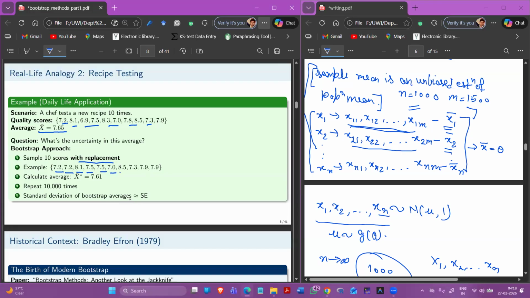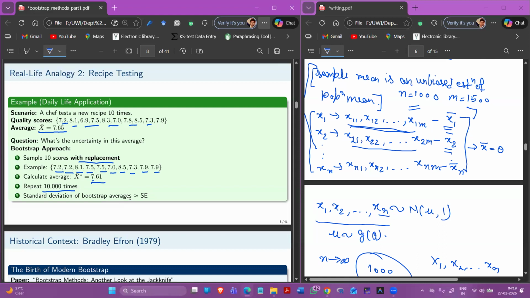Then 7, 8.5, 7.3, 7.9, where 7.9 is going to occur twice. And I will calculate the average, which now is 7.61. I will repeat this procedure 10,000 times, taking the average again and again.